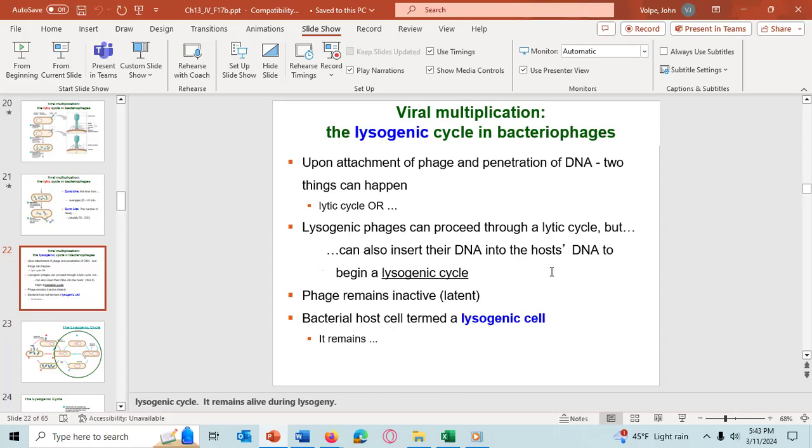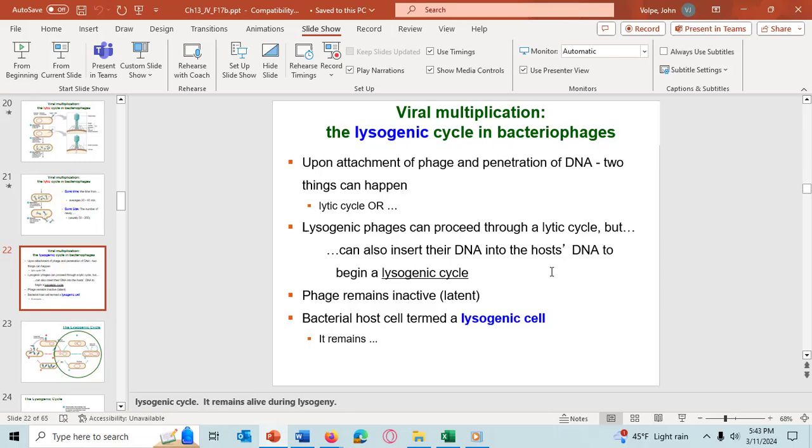However, once a lysogenic virus infects a host cell, it immediately has to decide which life cycle to enter, meaning a lysogenic life cycle virus can enter the lytic life cycle, or it can enter the lysogenic life cycle. And it has to decide this immediately once infecting a host cell.